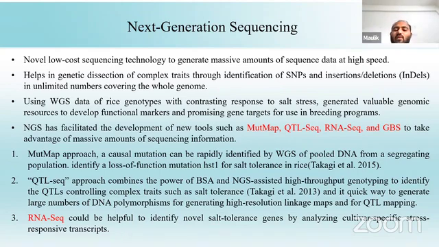It combines the power of BSA and NGS-assisted high throughput genotyping to identify QTL controlling complex traits such as salinity tolerance. And then what is RNA-seq? It identifies novel salinity tolerance genes by analyzing cultivar specific stress responsive transcripts, meaning which RNA or protein product is responsible for salinity tolerance.